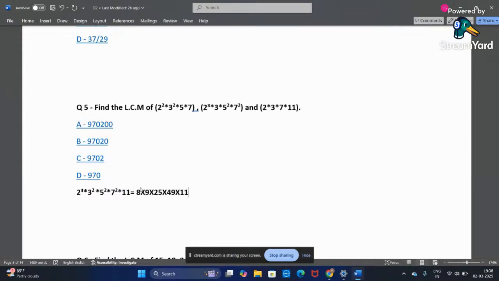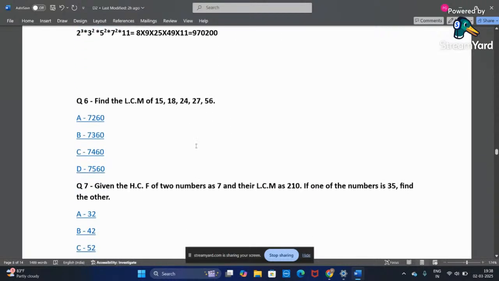There is no power to 11, so take it as 11. So what is the answer? By multiplying all these numbers, we get 970200. That means this is our LCM. This is our LCM for these given numbers. Okay.